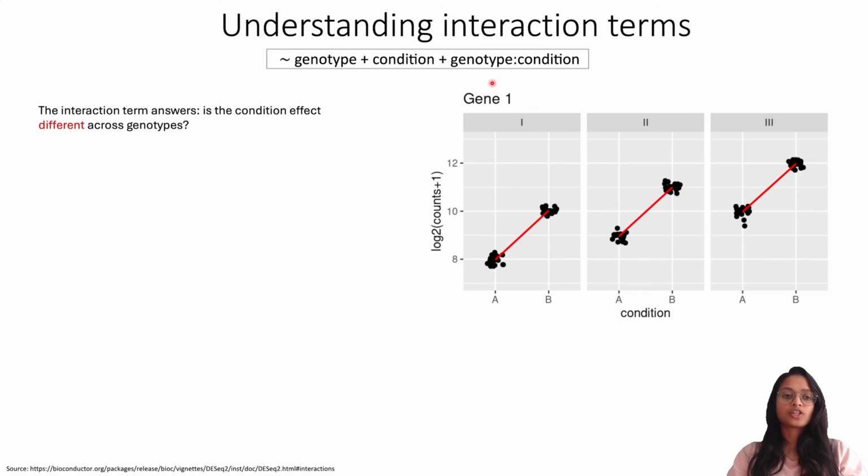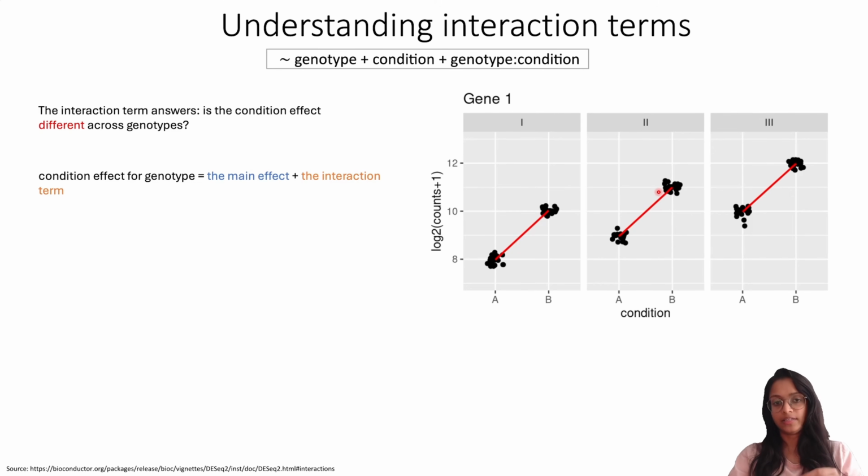So this interaction term essentially answers the question: is the condition effect different across genotype? Does the condition effect vary across the genotype? So the condition effect for any genotype is essentially a sum of the main effect and the interaction term.